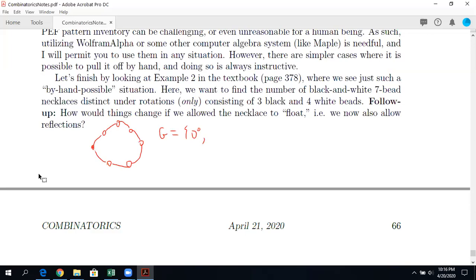Then we're going to have some weird degree rotation here, so I'll just call it rho. And then rho squared, which is rho composed with itself, and we'll say rho cubed, rho to the 4th.